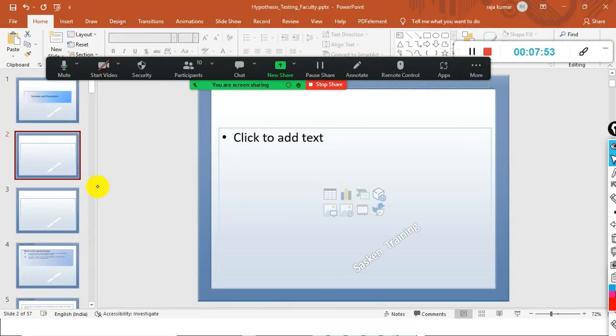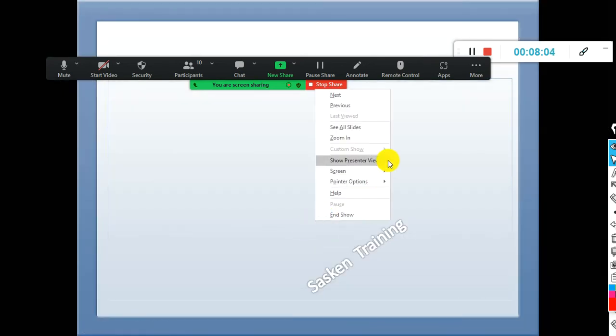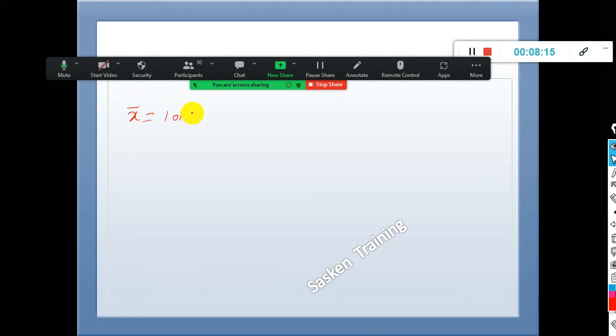The sample mean, we use the notation x bar, and it comes around 101.24 mg. If you find the average of those 10 values, you will get this. And the standard deviation for the sample, we use the notation small s, is 2.48. And the sample size is n equal to 10.